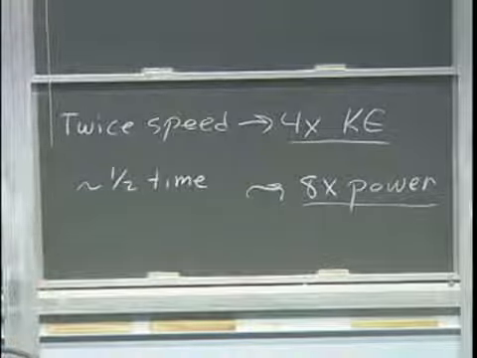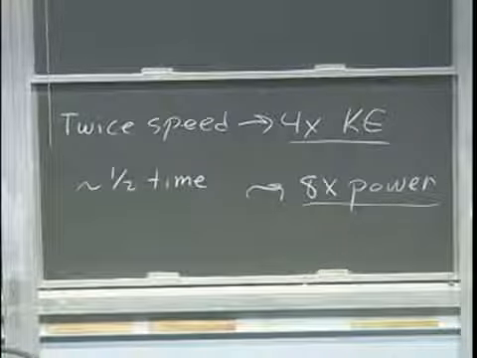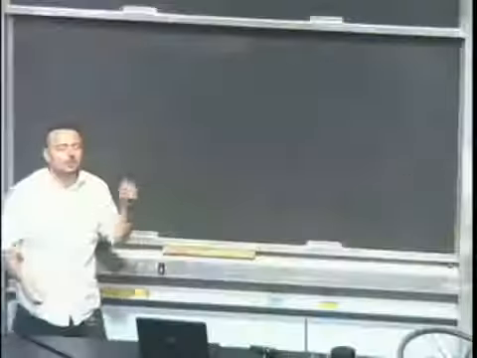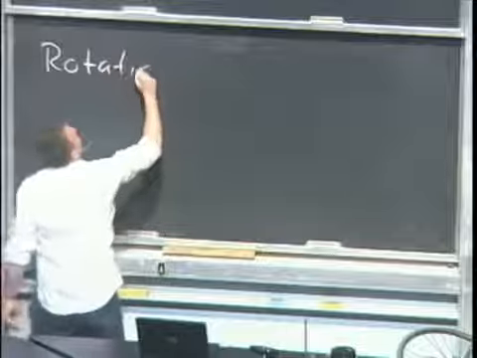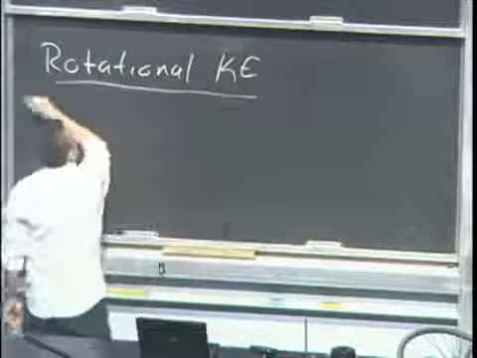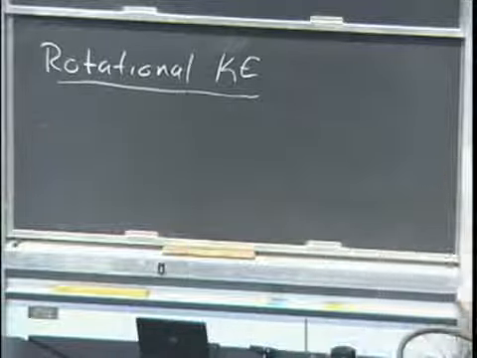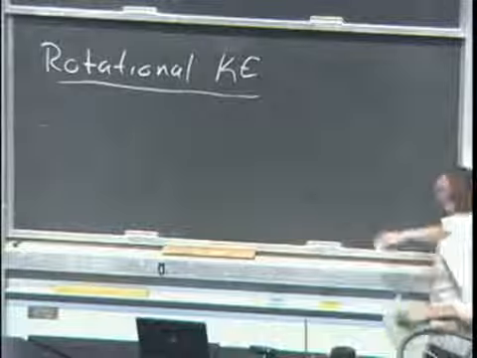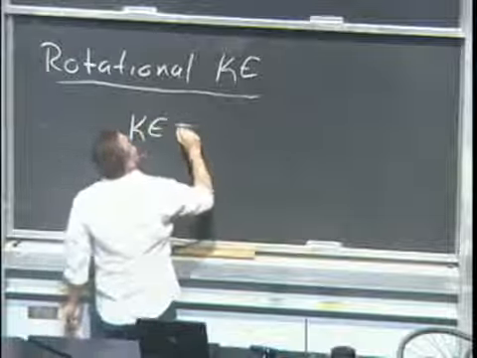Remember all the analogies we did between translational motion and rotational motion last lecture? Well, it holds also for the kinetic energy. So, rotational kinetic energy. It's the energy that basically an object has because it's spinning. You can probably guess if you remember our analogies.